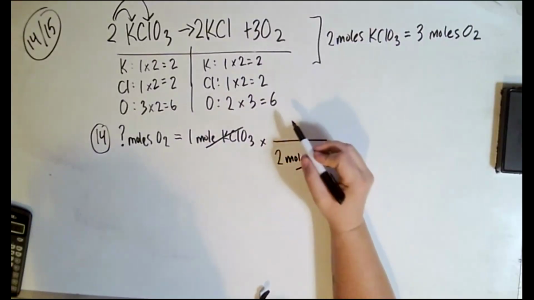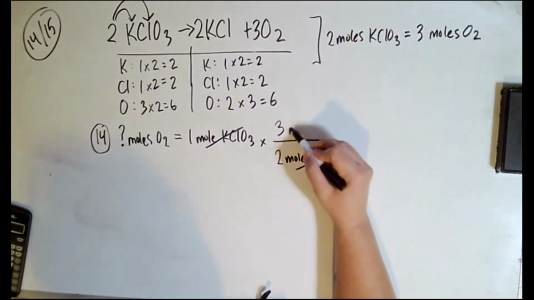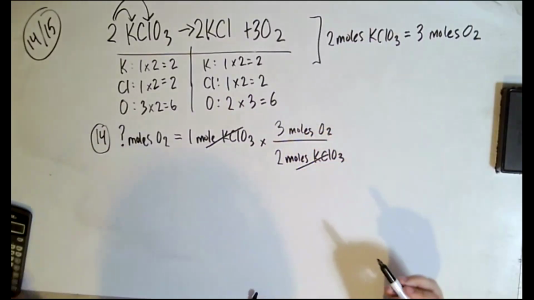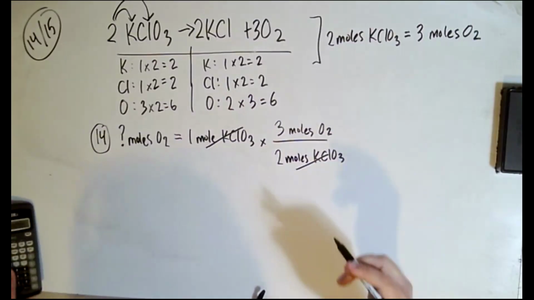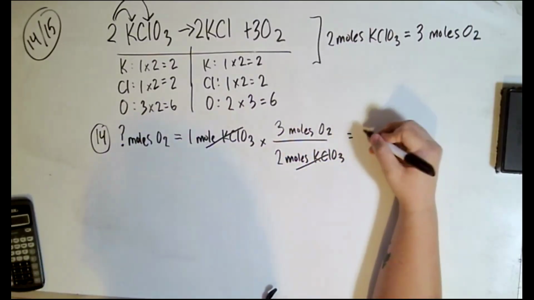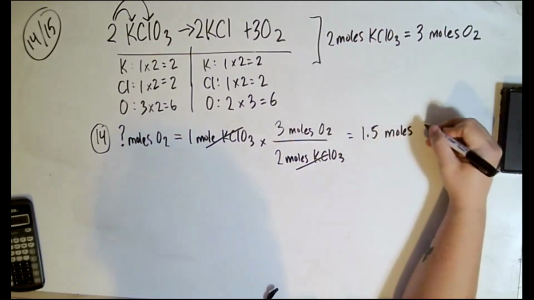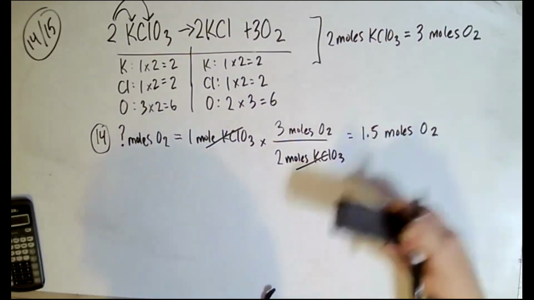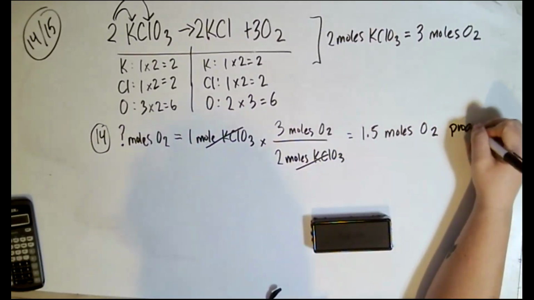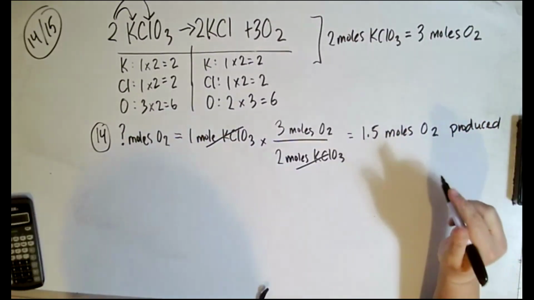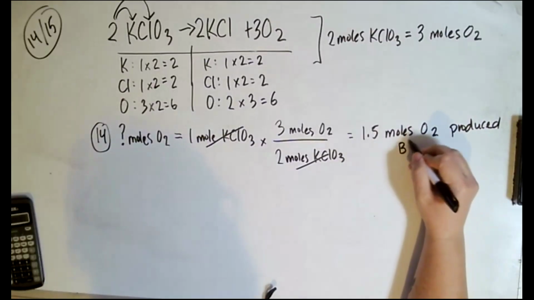So every 2 moles of KClO3 produces 3 moles of oxygen. 3 divided by 2, 1.5 moles of O2 are produced. And that's going to be choice B.